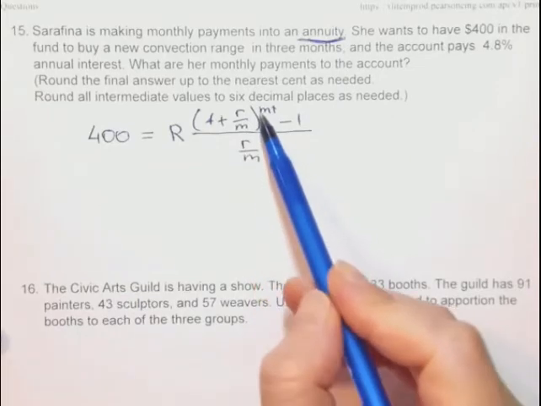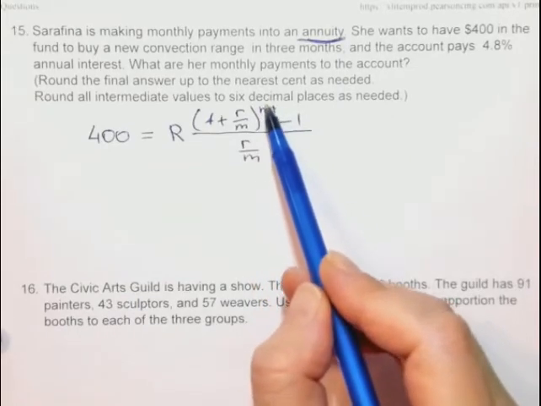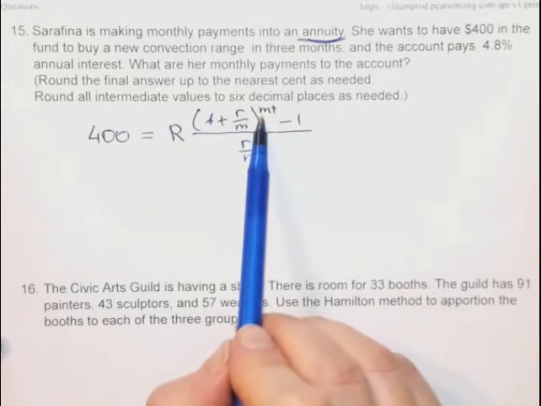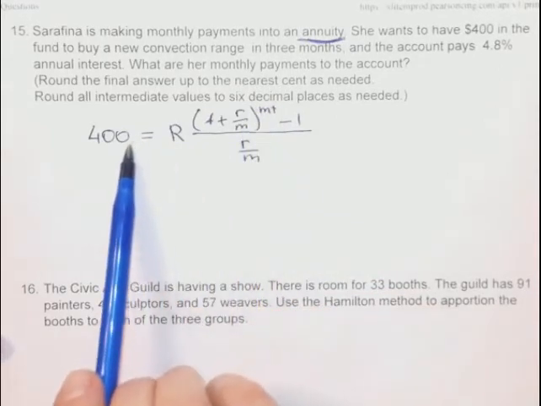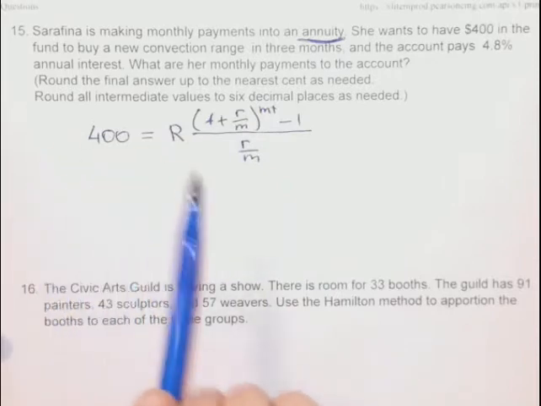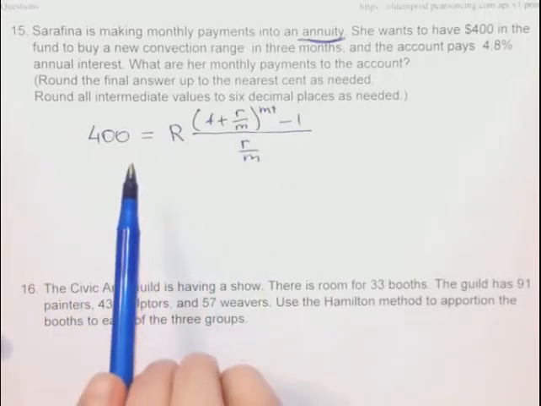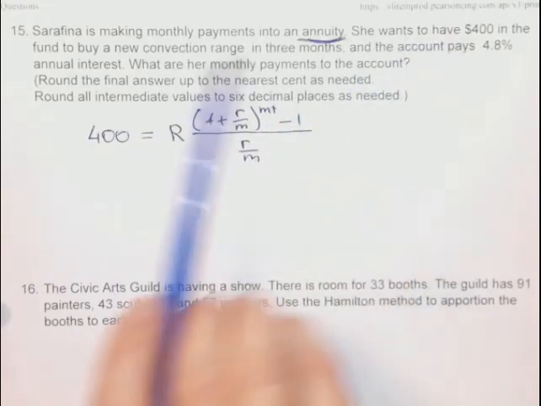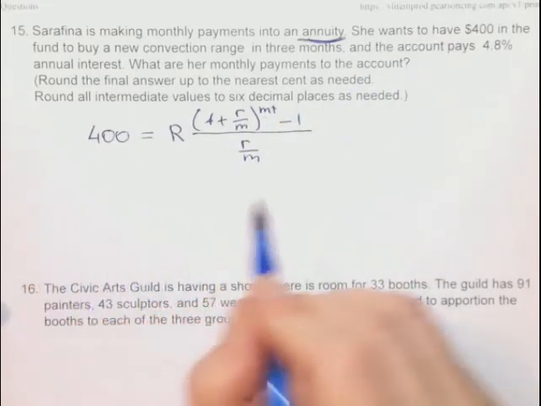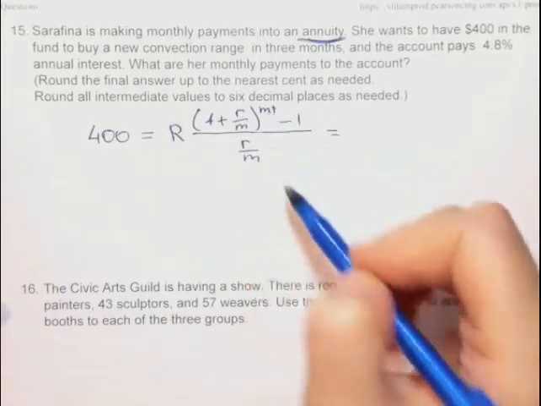In the annuity formula, we have time in years, so this product MT represents the total number of paying periods, or total number of months. So we have here only 3 months, so the exponent here will be 3.